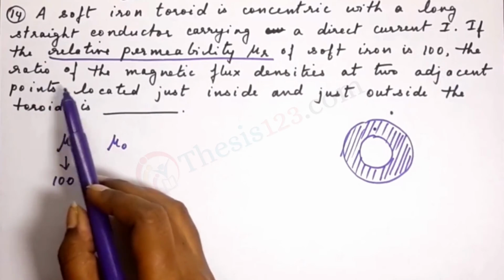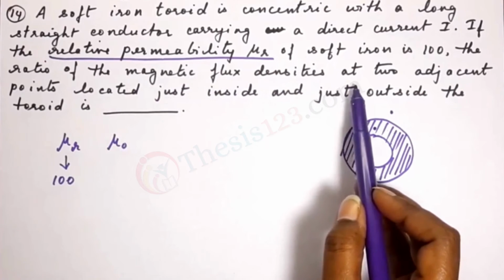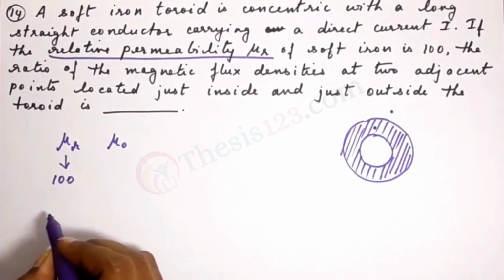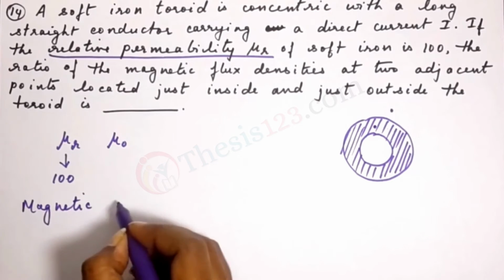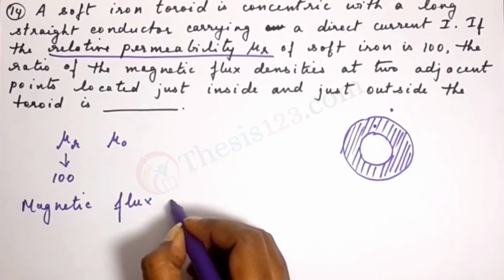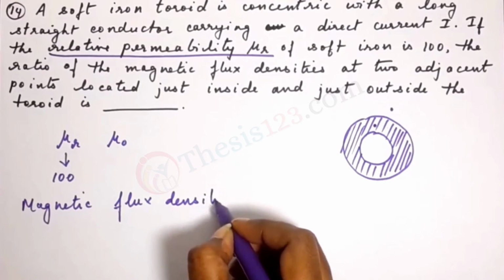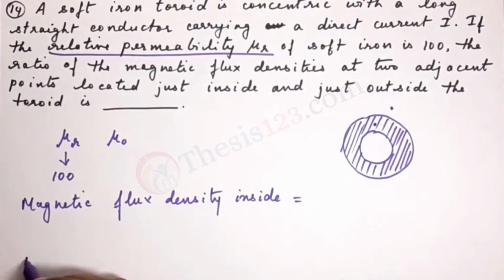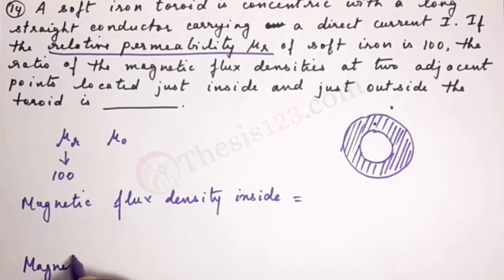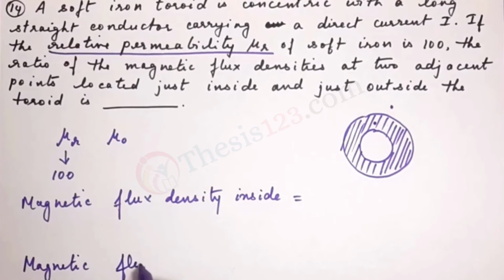Now we have been asked the ratio of the magnetic flux densities at both of these points. So let's write down what the magnetic flux density inside the toroid is first, and then we will write the magnetic flux density outside.